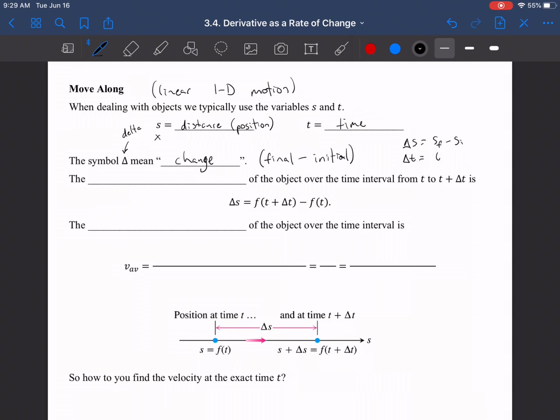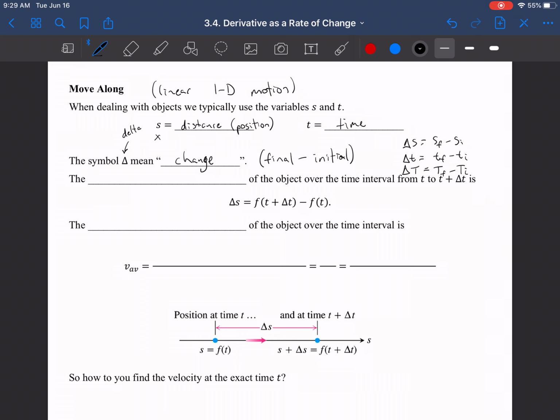Delta T is T final minus T initial. Delta whatever. What would be something y'all might know? Delta T for temperature would be temperature final minus temperature initial. It's just always something like that.